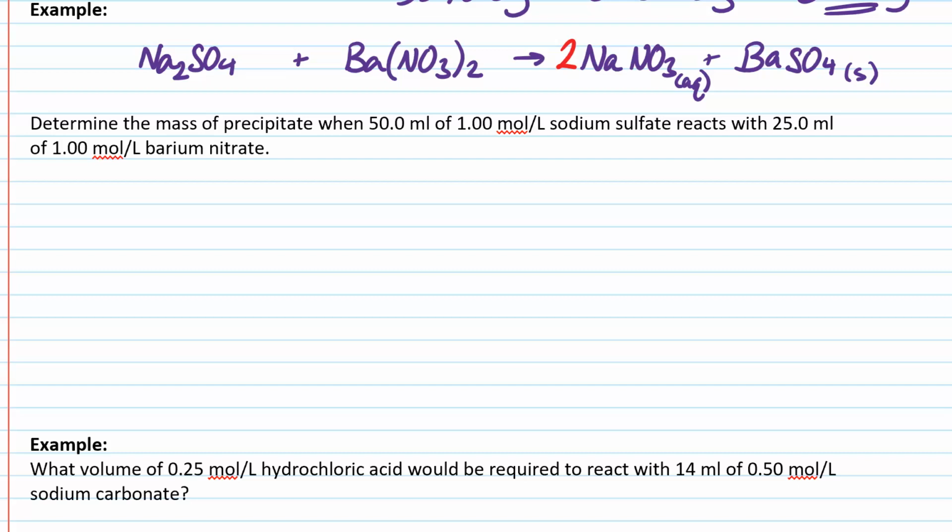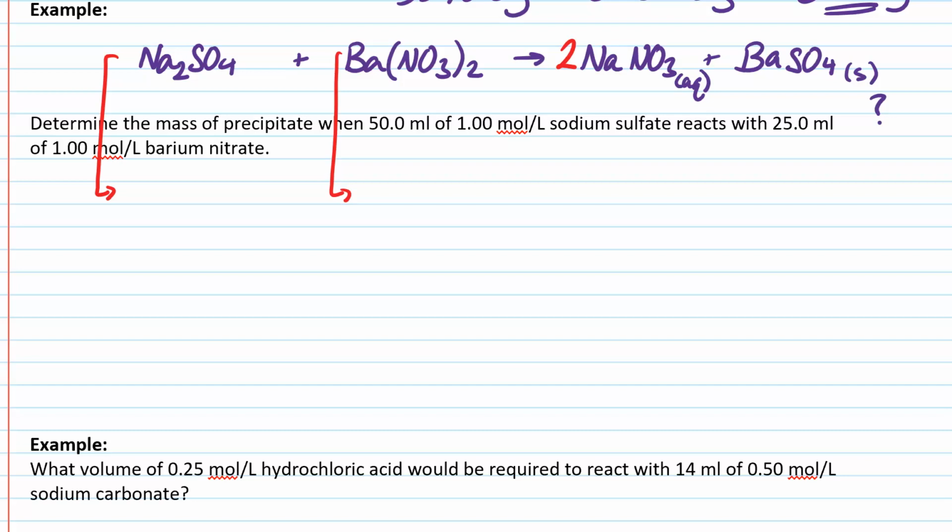So you want to figure out how much barium sulfate you have when you're given information about sodium sulfate and barium nitrate. Let's use that information to figure out how much barium sulfate we should have produced.